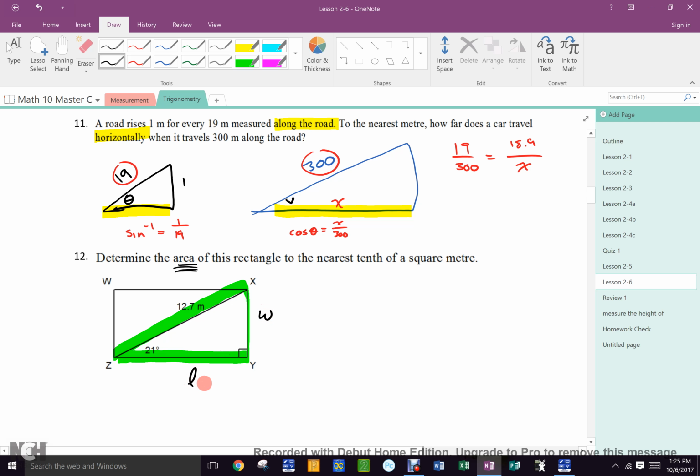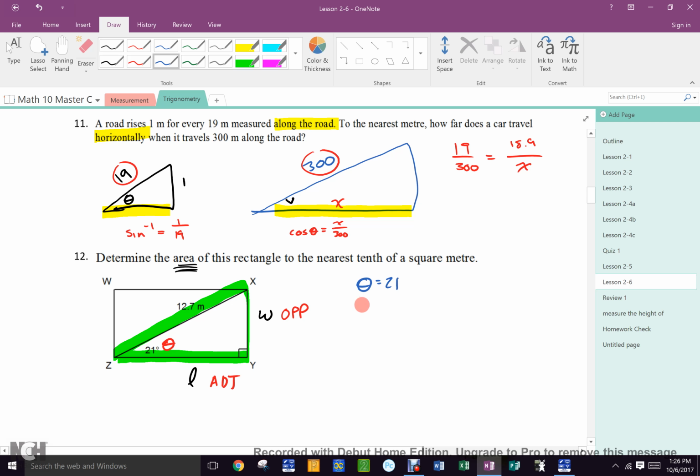Is that length? Are those also the opposite and adjacent sides to that theta? So can I use trig to find W and L? And once I have W and L, can I multiply them together to get the area? And how would I set that up? What's my theta? 21.